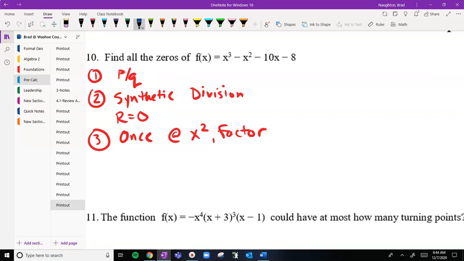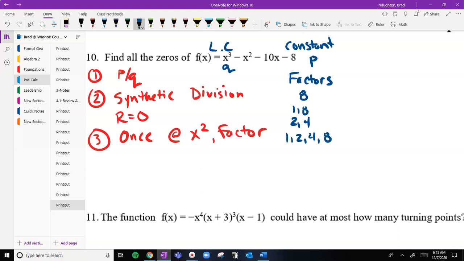So this is my constant, aka my P, and this is my leading coefficient, aka my Q. So what are the factors? The first thing we need is our factors. For 8, those are 1 and 8, 2 and 4, so the factors of 8 are 1, 2, 4, and 8. For my leading coefficient, it's just a 1, so that's 1 times 1, which is just 1.